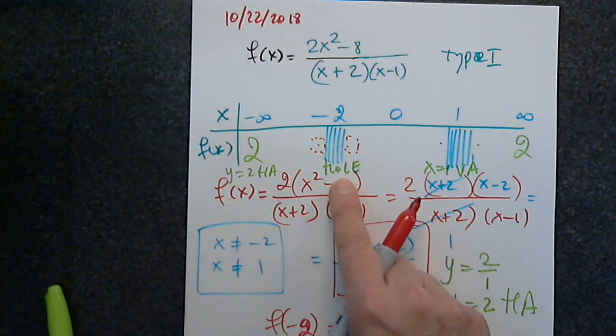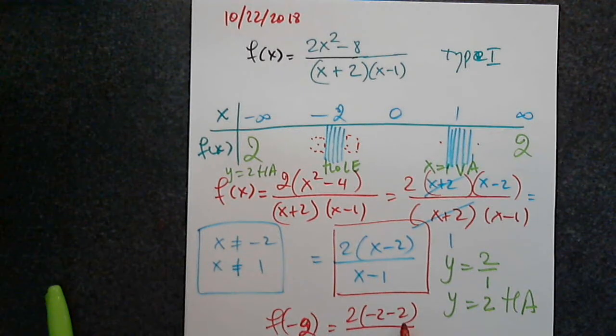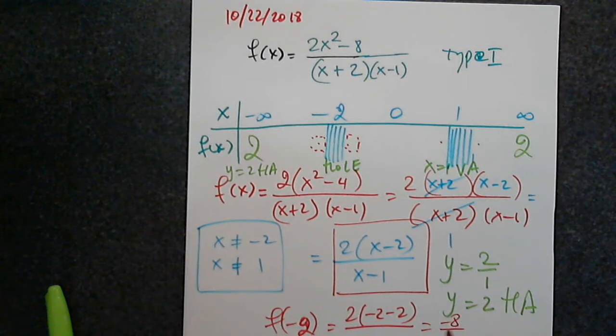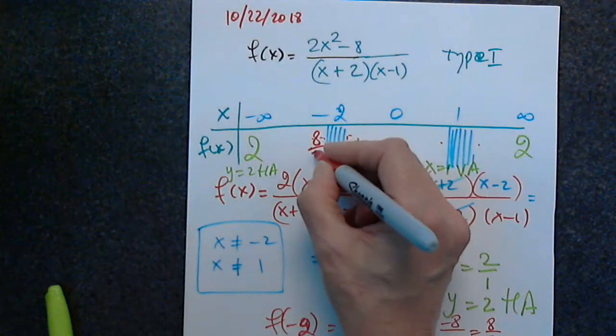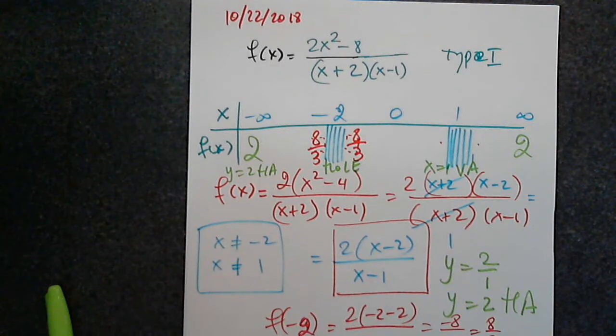I know it's a hole, but I want to know where the hole is. So -2 minus 2 is -4. -4 times 2 is -8. -2 minus 1 is -3. So the answer is 8/3. So 8/3 on this side and 8/3 on this side, left and right of the hole.